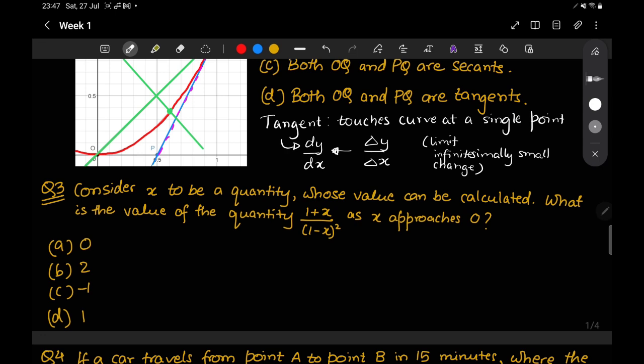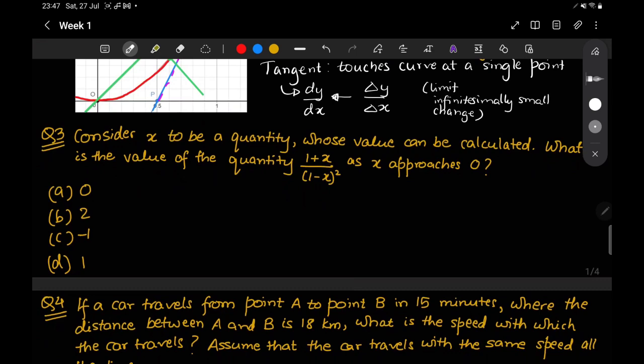Okay, so let us discuss the answer now. The correct option is option D. This is a very simple question of limit. You don't have to use any properties or identities for evaluating this limit. Simply plugging in the value will give us the result.